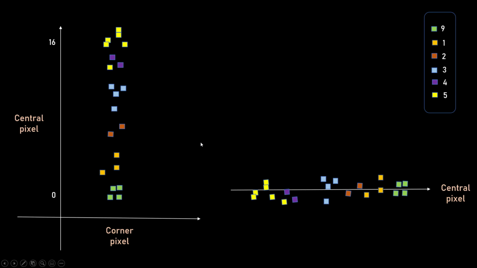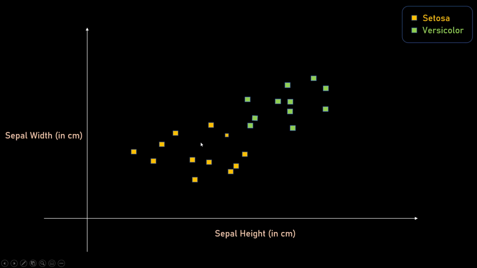Let's look at the iris flower dataset, where sepal width and sepal height determine what kind of flower it is. If you have a scatter plot like this, you can draw a line which covers the maximum variance. So this line covers the maximum variance or the maximum information in terms of features.